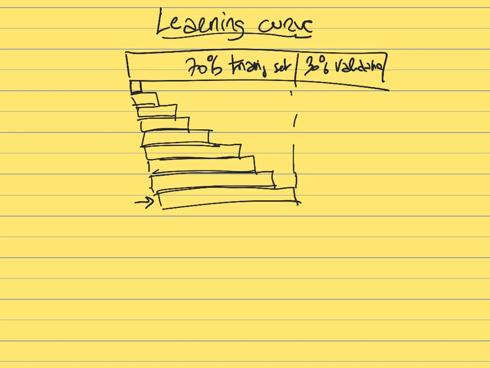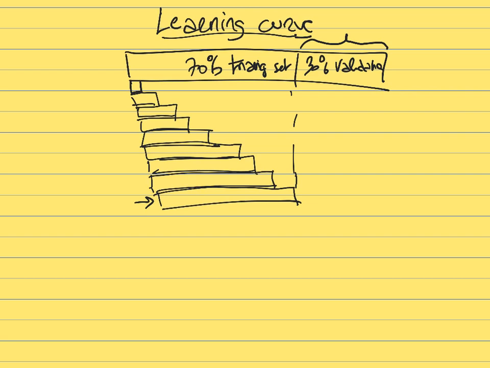So you are going to manually increase the size of the training set, while the validation set remains constant and the same. And what you will be plotting is called the learning curve.